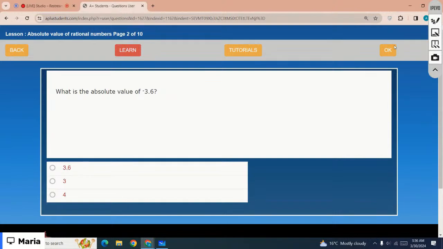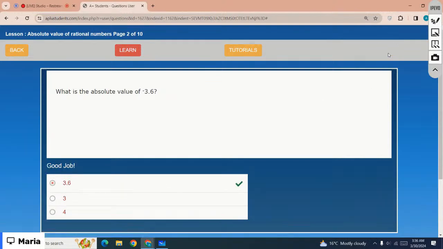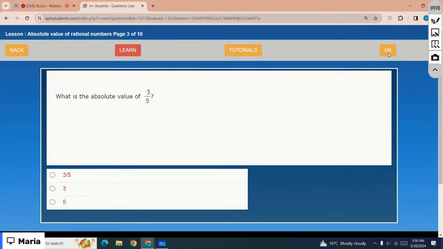What is the absolute value of negative 3.6? That's a negative number, right? So the absolute values are always the positive values, so the correct option is option number 1, that is 3.6. What is the absolute value of negative 3.5? So which is the correct option?